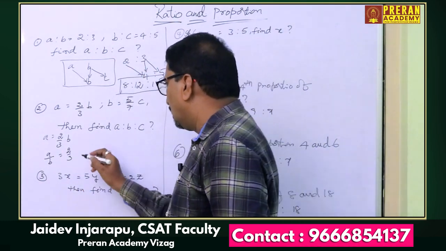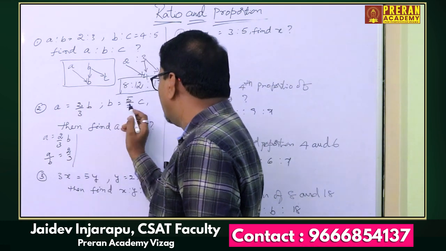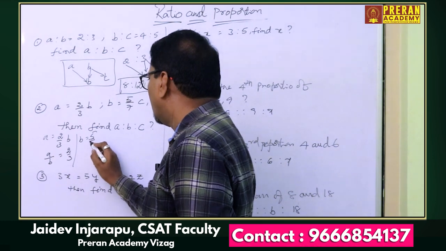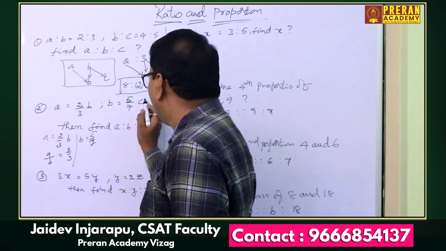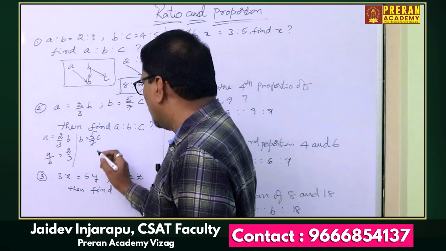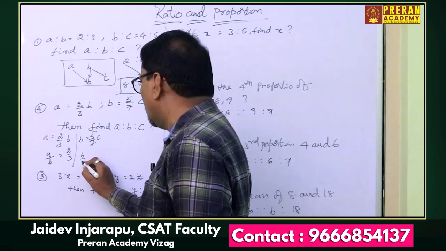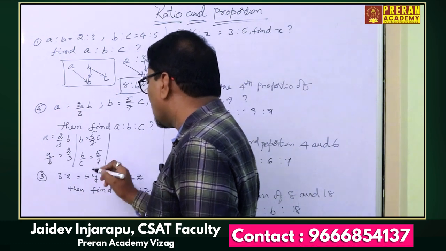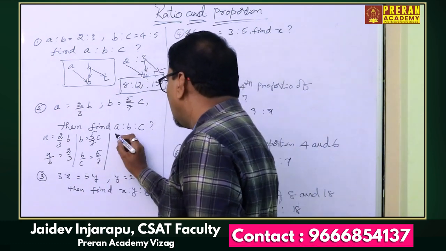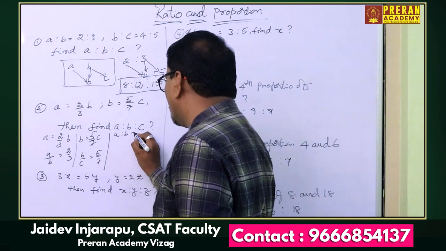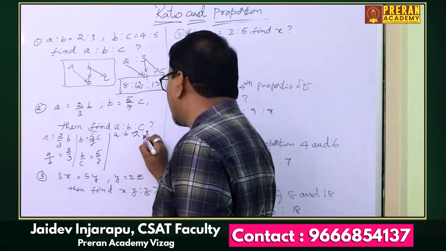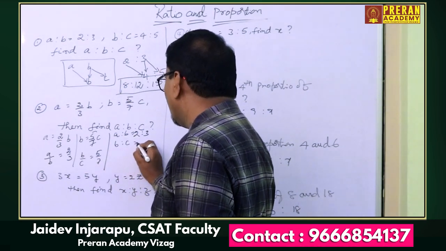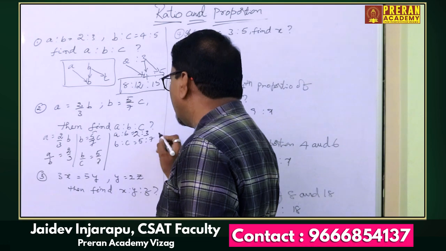Now do the same for this one, B is equal to 5 by 7 C, so B by C is equal to 5 by 7. So now we got A is to B equal to 2 by 3 or 2 is to 3, B is to C equal to 5 by 7 or 5 is to 7.